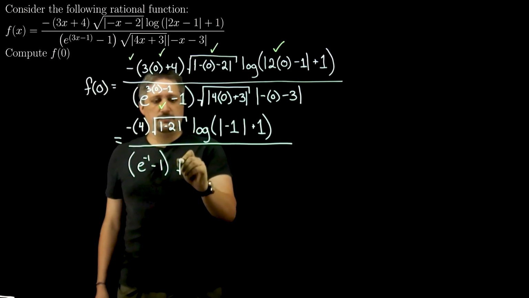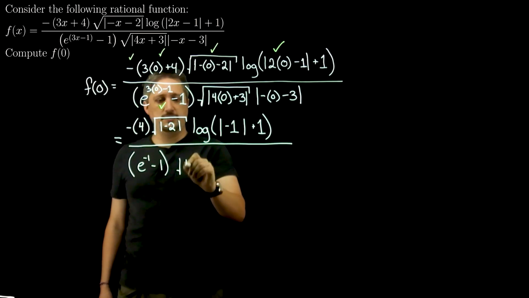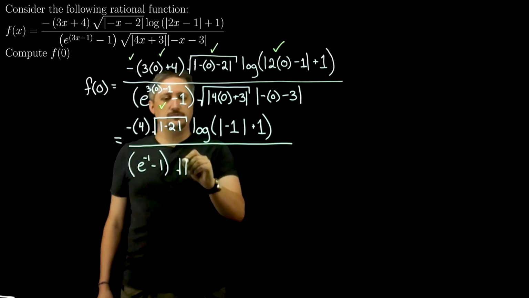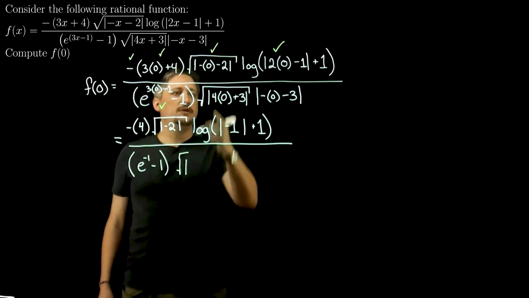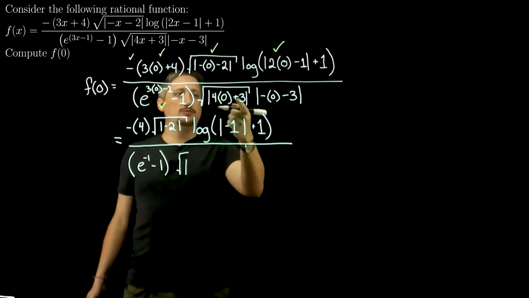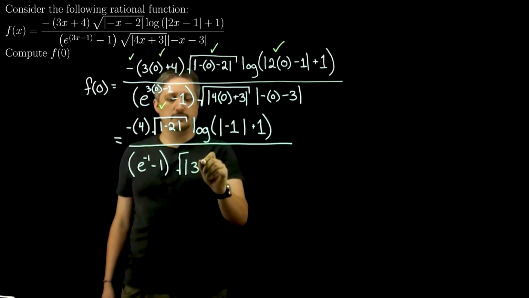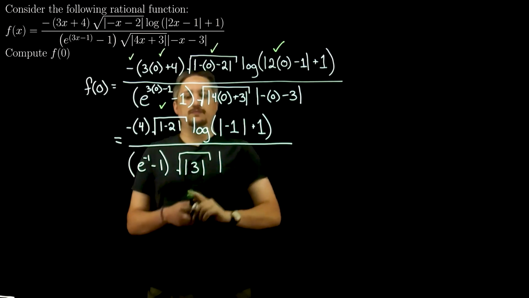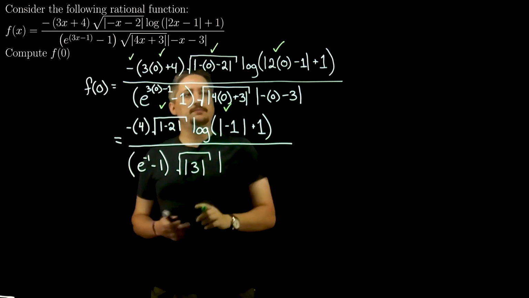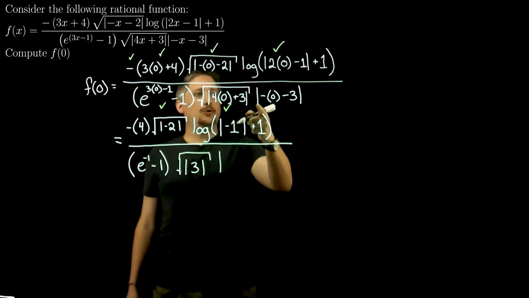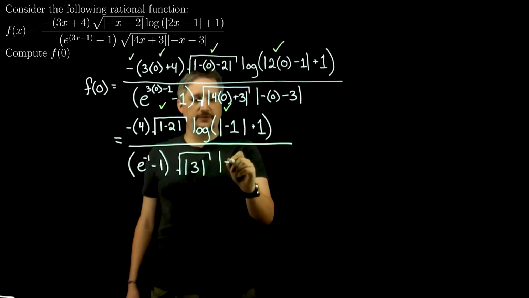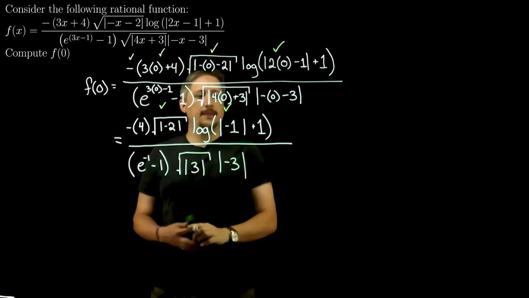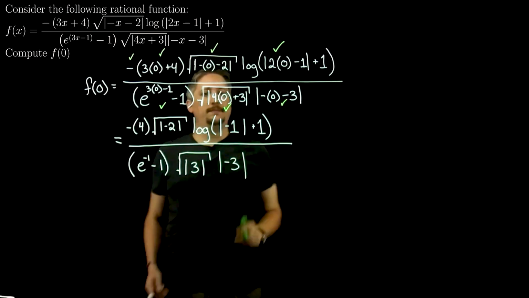Then square root of, open my absolute value, 4 times 0 is 0, plus 3 is 3. Close the absolute value, close the square root. So I'm done with that one. I have open absolute value, minus 0, again it's 0, minus 3, so that's a negative 3. And I got that one, okay?